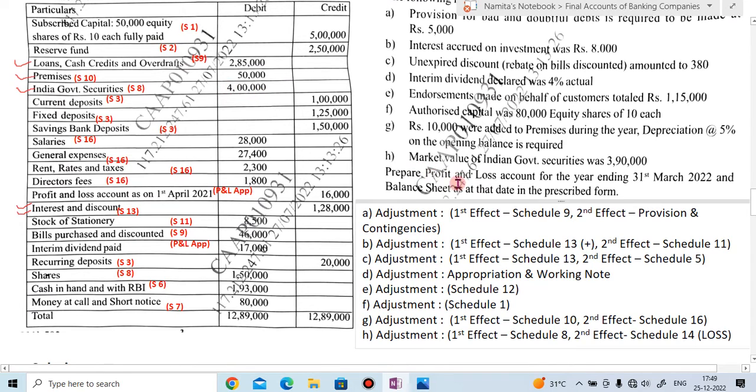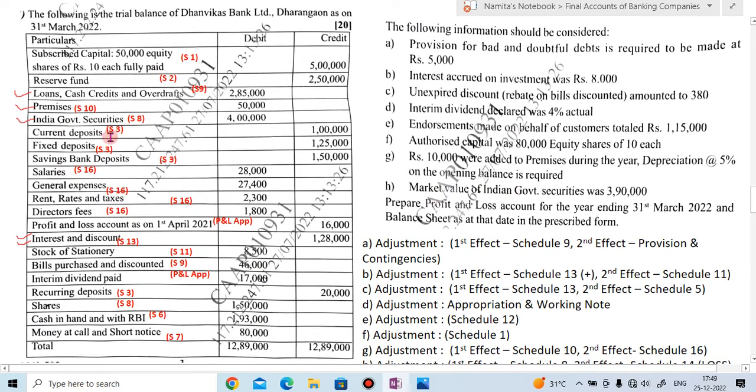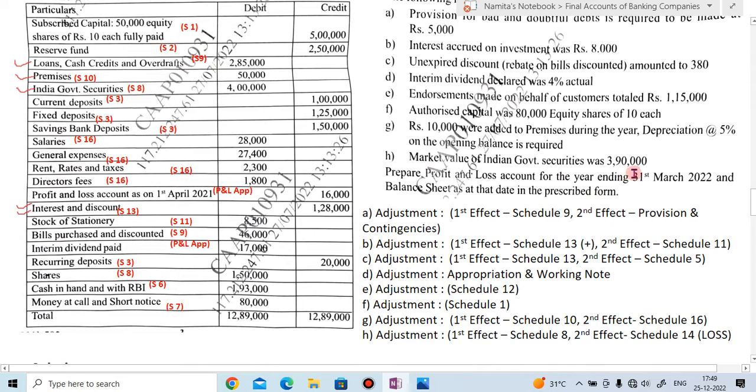Next is adjustment number H: market value of Indian government security was 3,90,000. Now this effect will be on Indian government securities. Here in the question Indian government is given as 4 lakh. Okay, and the market value of the security is how much? 3,90,000. So 4 lakh is the cost of that security, and the market value is 3,90,000.